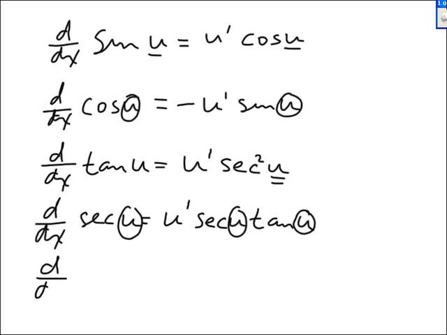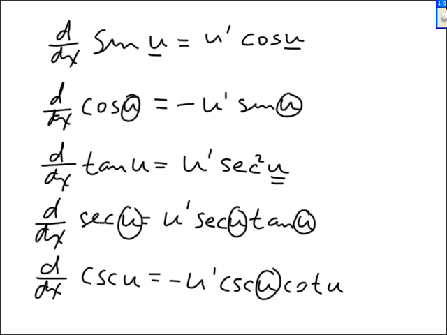The derivative of cosecant of u is negative u prime cosecant u times cotangent u. You take cosecant of angles and cotangent of angles, the same angle you started with.